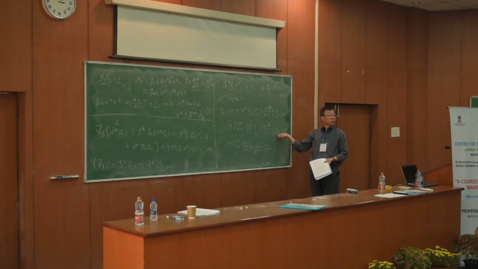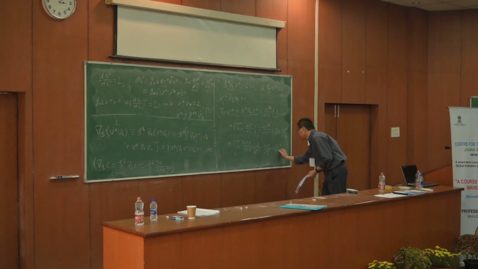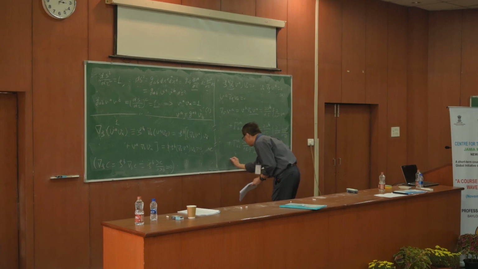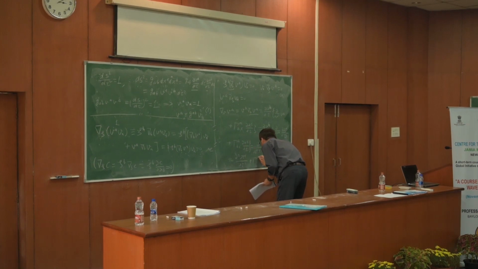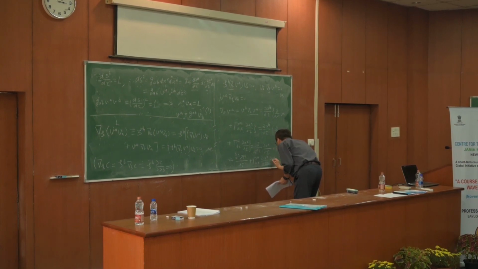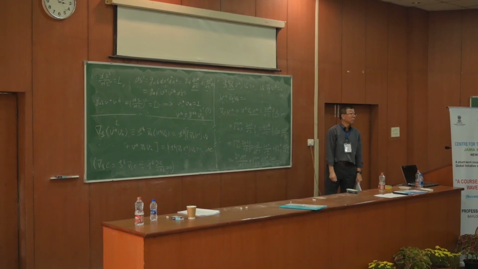Here A is the free index. Plus gamma A B C dx B over d tau dx C over d tau. This equals d squared x A over d tau squared plus gamma A B C dx B over d tau dx C over d tau. This is the geodesic equation, right?